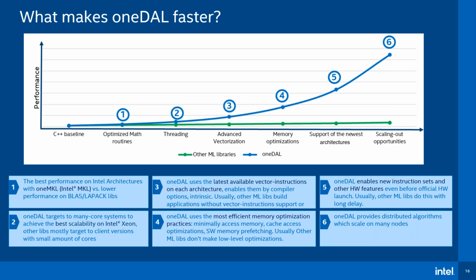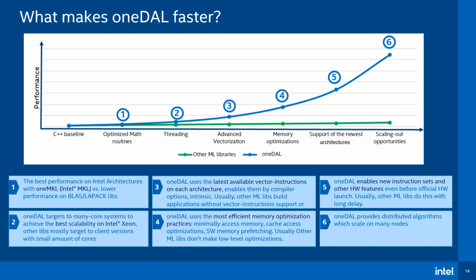Whether the target is a client version or a very high-end server part, it automatically figures out the amount of scaling available and optimizes accordingly. Thirdly, vectorization, which is very critical as you go from SSE to AVX2 to AVX512 and so on.